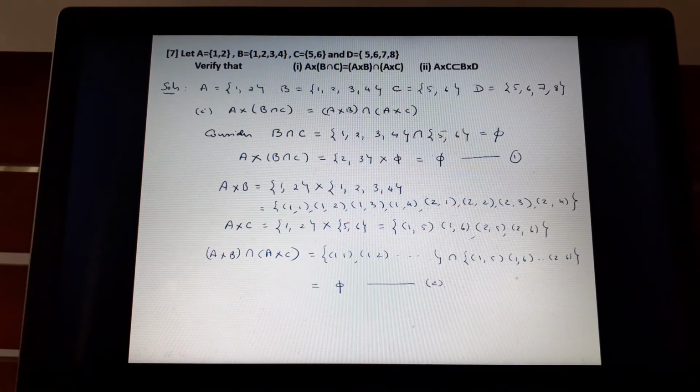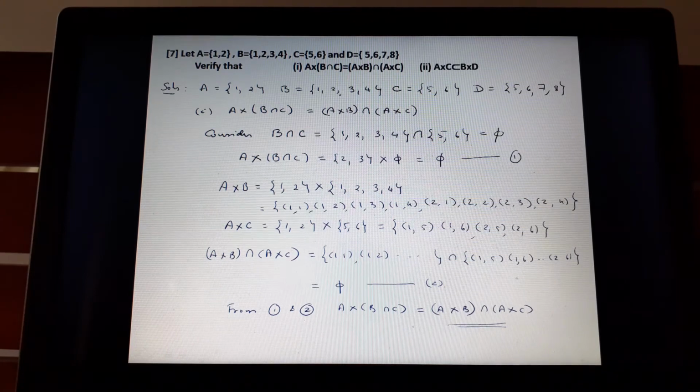From 1 and 2, the left hand side is pi, right hand side is also pi. So A cross (B intersection C) is the same as (A cross B) intersection (A cross C). So this is the property.